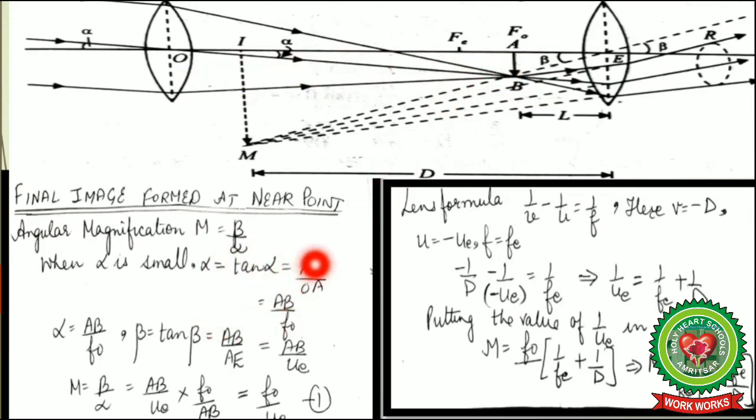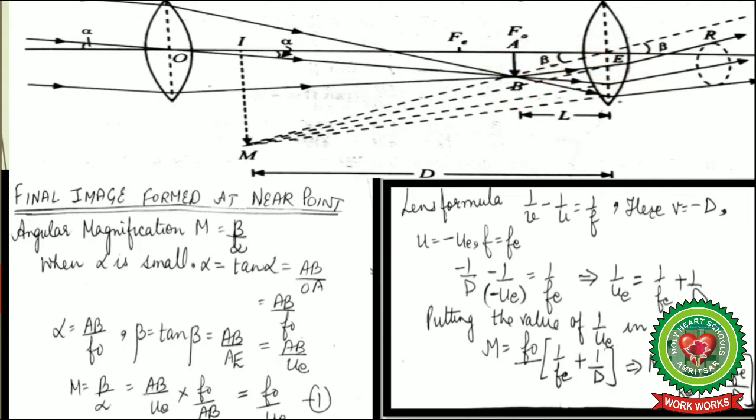Similarly, tan beta is AB over AE. From here we can put the values of beta and alpha. So we will get the answer F0 over UE. Here AE is called UE. Why? Because the image acts as an object for the eyepiece.